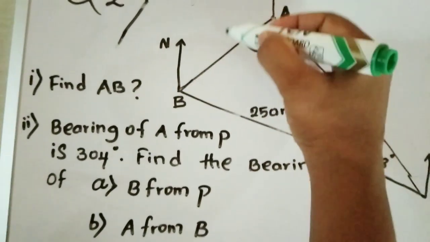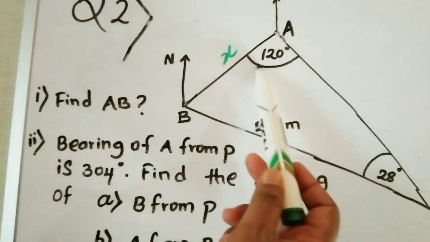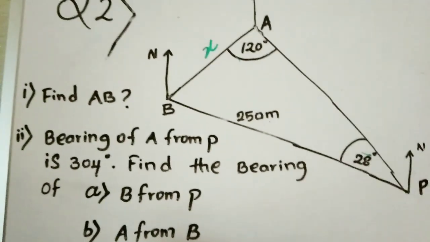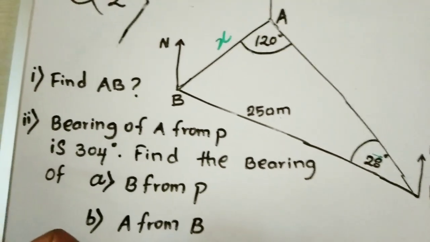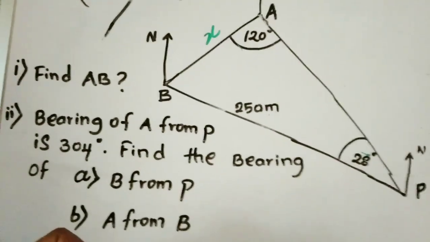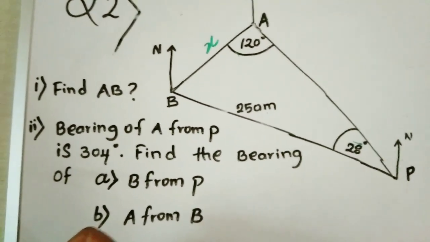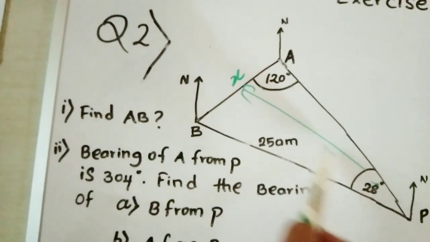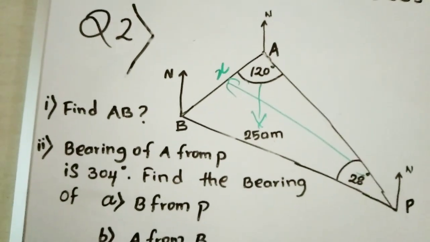Okay. We'll name the unknown side AB as x. The sine rule is connected with 2 sides and 2 angles, but they should be opposite. Here x is opposite to angle 28, and the 250 meter side is opposite to 120 degrees.